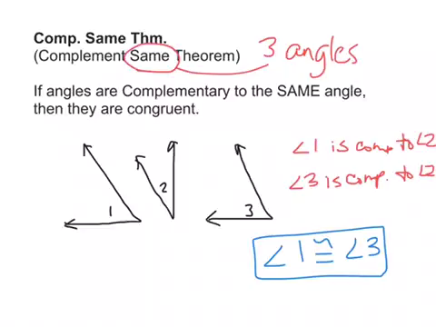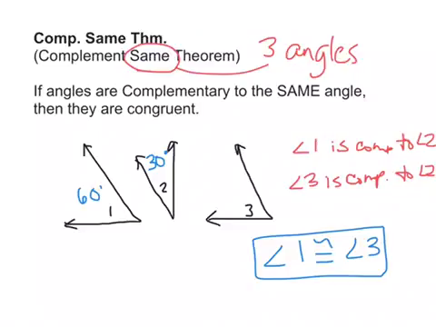Let me just throw in some numbers here to make it make a little bit more sense. Let's say that angle 2 is 30 degrees. If we're told that angle 1 is complementary to angle 2, which is 30 degrees, that means angle 1 must be 60 degrees, because these two angles have to add up to 90.